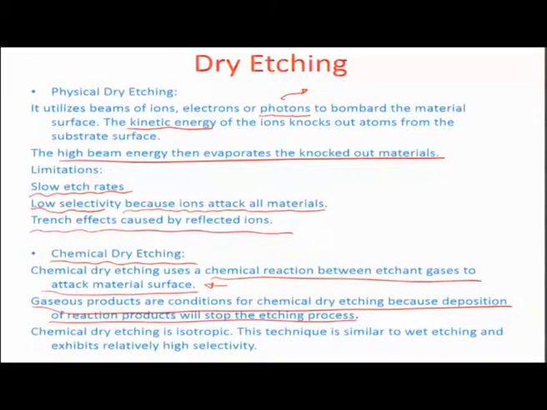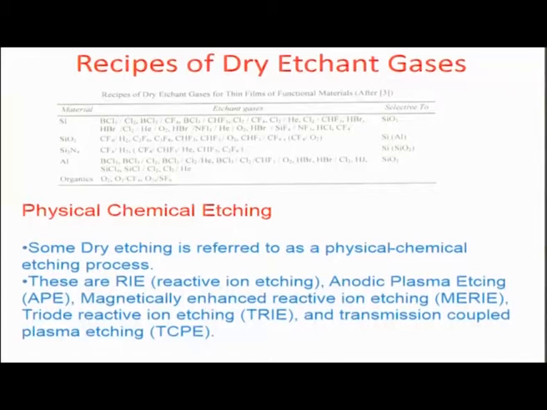That is one. Also, chemical dry etching is isotropic. The technique is similar to wet etching and exhibits relatively high selectivity. You can see some of the gas recipes are selective to certain materials and active on certain etch materials. So, for silicon, silicon oxide, nitride, aluminum, and many organics, you have different etch gases or etch chemistries.